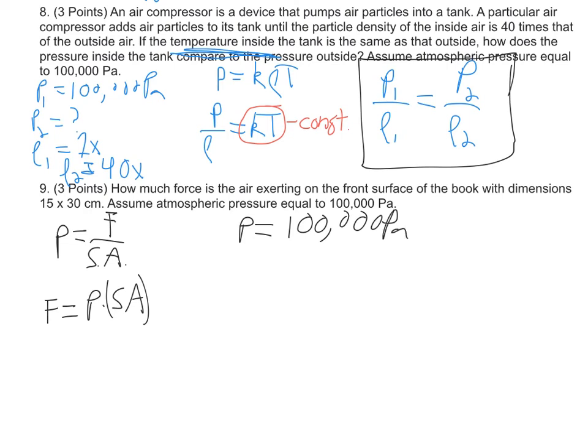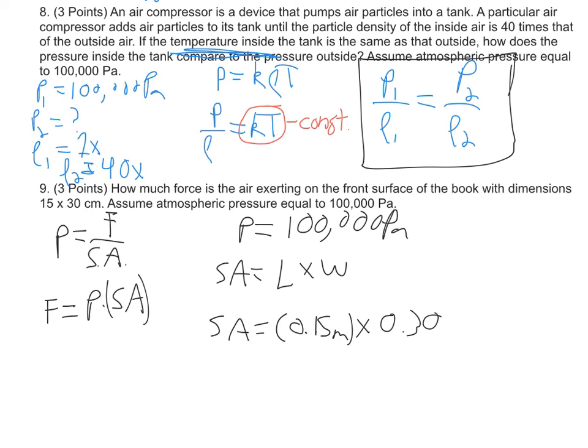Surface area is just the surface area of the book, which, since we're given its length and width, would just be length multiplied by width, but we want meters. Units for pascals are based on square meters, newtons per square meter, so we need meters. So our surface area would be equal to, take the length, 15 centimeters is 0.15 meters, and multiply it by the width, 0.30 meters, and that would give you your surface area.